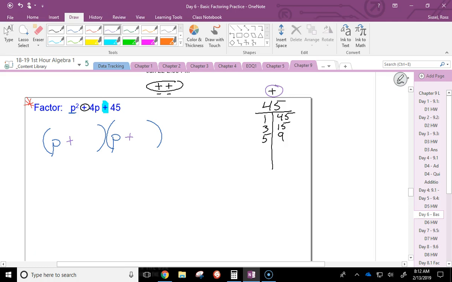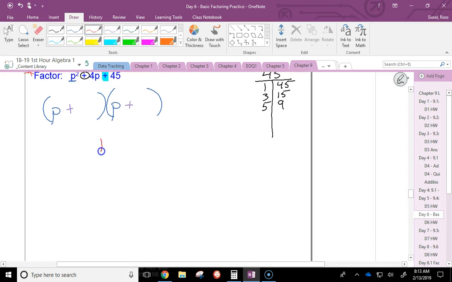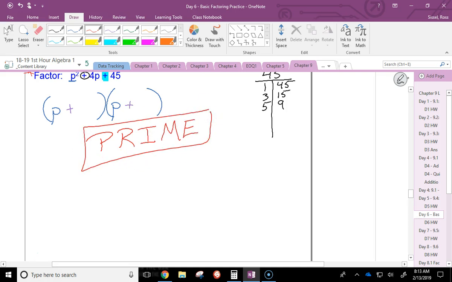But then that wouldn't give us our positive 45. When this happens and we cannot factor it, we call this prime. If you cannot factor something, you will call it prime. I'm pretty sure on today's homework there's like 3 of them.